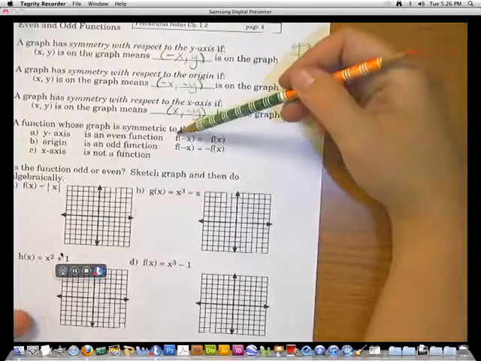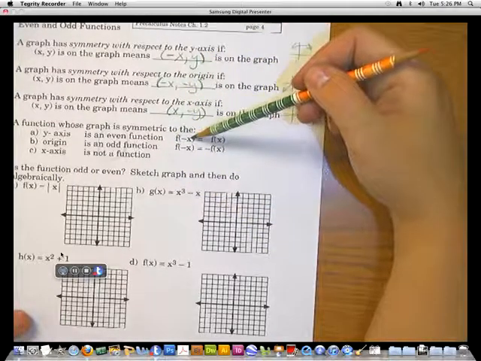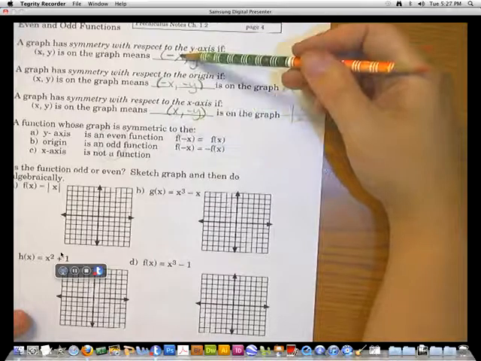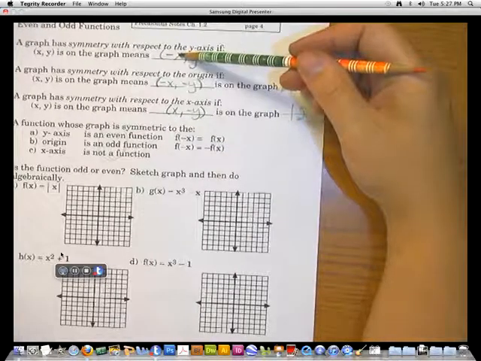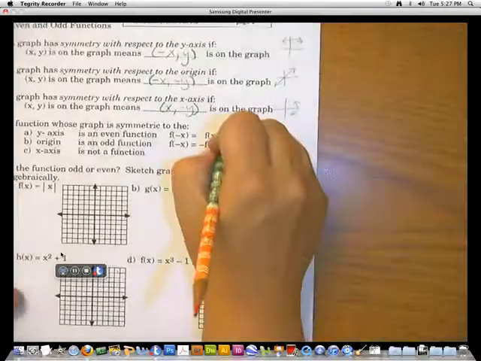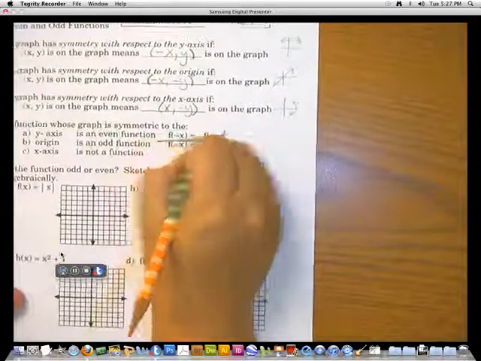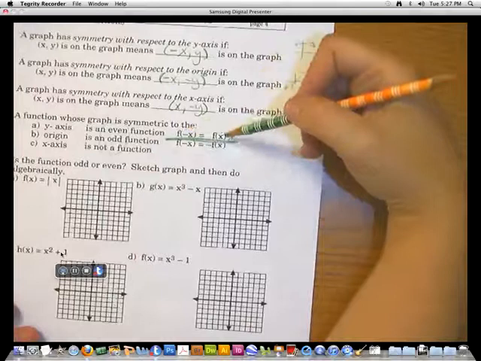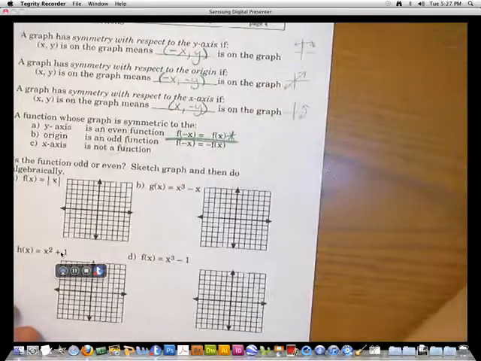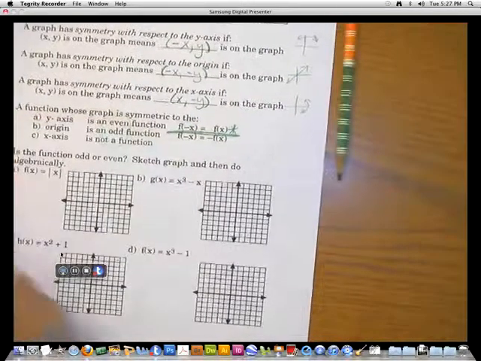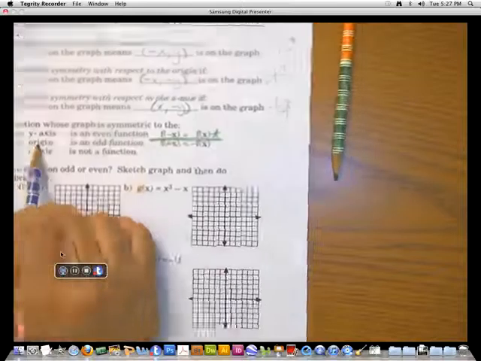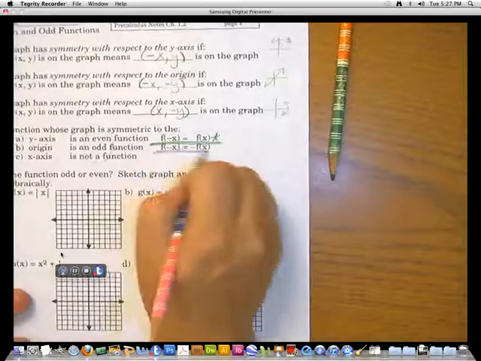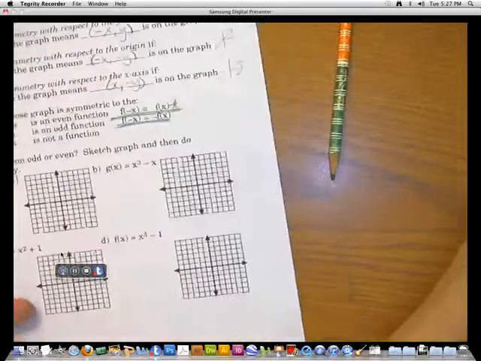If you are even, symmetric over the y-axis, this relationship is going to be true. The x and the opposite of x are going to be the same. However, if you are reflective over the origin, this relationship is true.